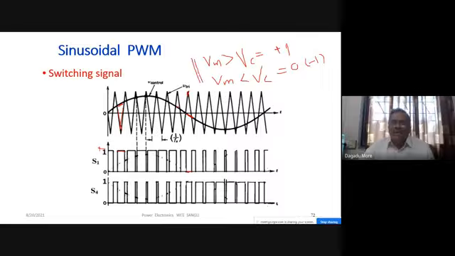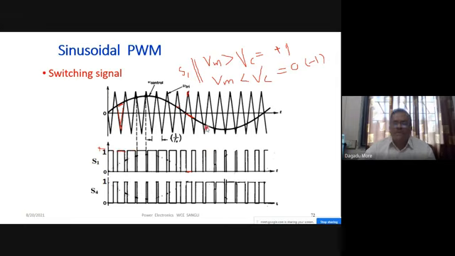We can apply a switching signal for S1. This is the switching signal for S1. So whatever we obtain, the switching signal for S1 here. So this will be comparing the carrier wave with the modulating wave. And when Vm is greater than Vc, if you see it here, our output voltage of S1 is positive 1.